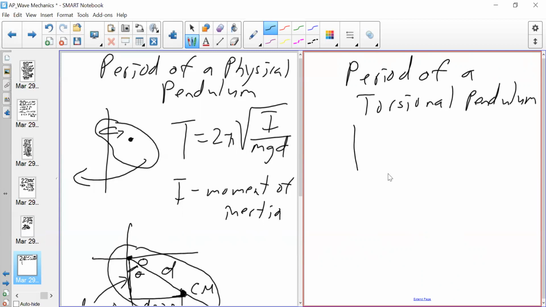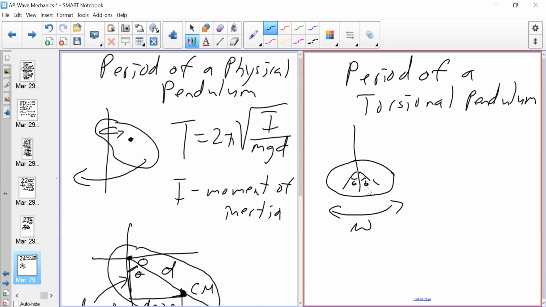And then it just goes back and forth. So it rotates about angle theta back and forth.